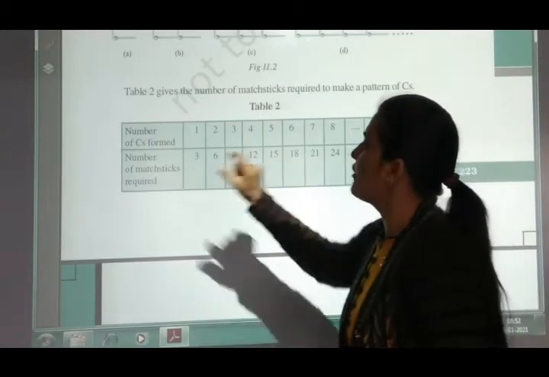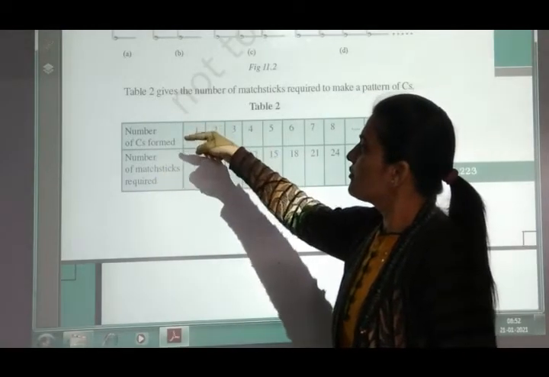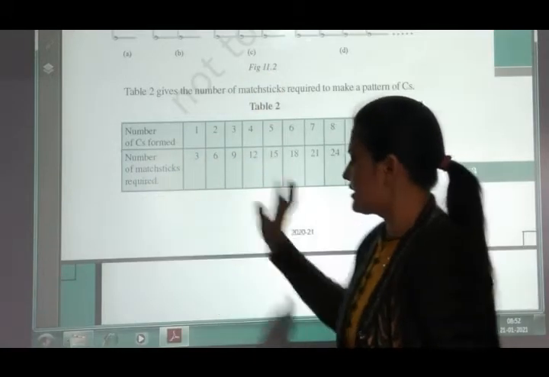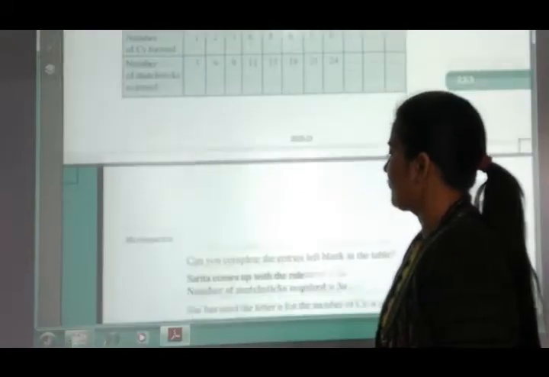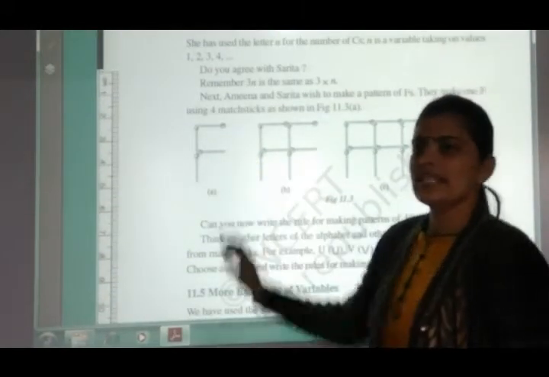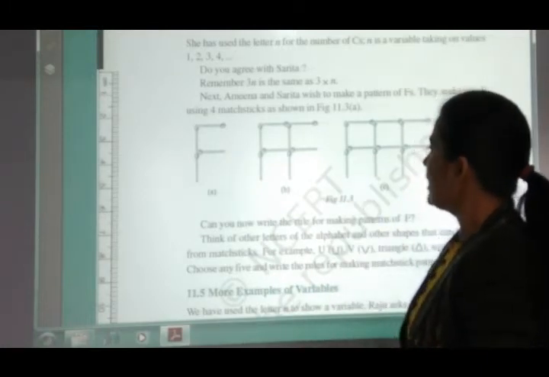That means for every number of matchsticks you want, you have to multiply the number of C's formed by 3. Then you will get the number of matchsticks required over here. So if we want it for F, then the same pattern is going to follow over here.